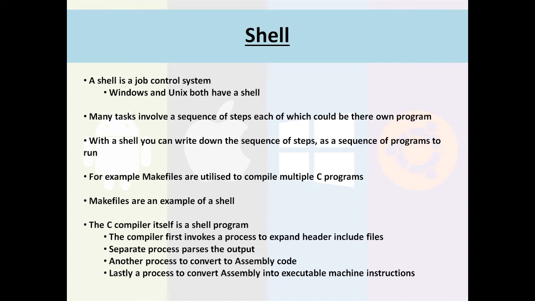The compiler first invokes a process to expand the header and include files. It then has a separate process that parses the output, another process to convert to assembly, and lastly a process to convert that assembly into executable machine instructions. So you can see quite a few things are shells or shell programs.